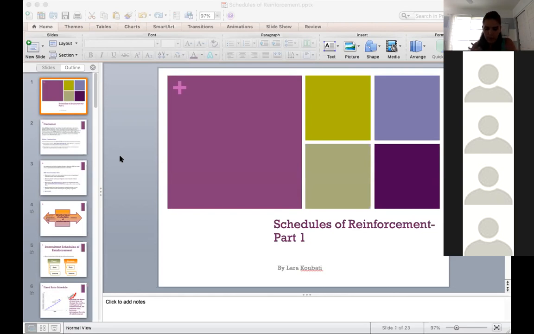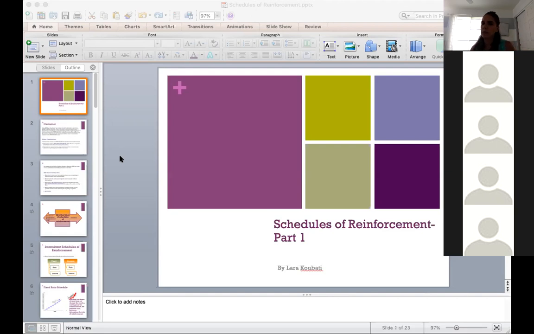The ones that have successive presentation of basic schedules are mixed, multiple, chained, and tandem. And the ones that are simultaneous are concurrent, conjunctive, and alternative. This is another way to categorize them.